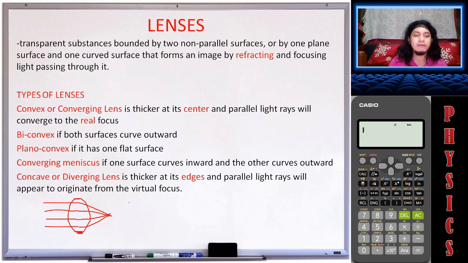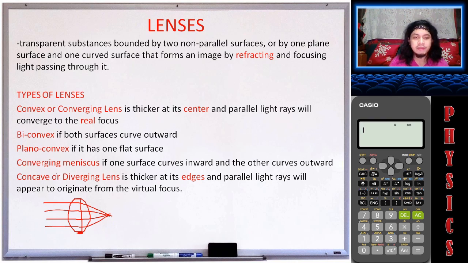Pag plano-convex naman, flat yung isa, pero ganito din yung tendency ng light. Converge. Kaya siya tinawag na converging lens. So, pag sinabi convex lens, converging lens, isa lang yun. Parehas lang yun.